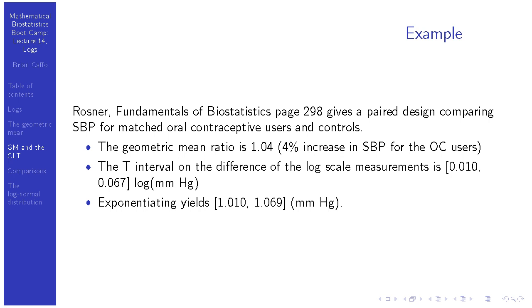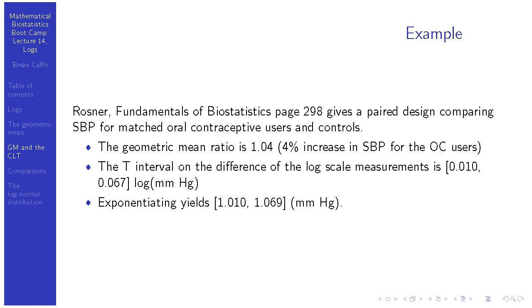For the t interval on the log scale, I took each oral contraceptive user's measurement, logged it relative to the control user, and took the difference pair by pair. I started with 2n total measurements, each in pairs, and wound up with n measurements on the log scale. I did an ordinary t interval, and I got 0.010 and 0.067. In this case, the units would be in log millimeters of mercury.